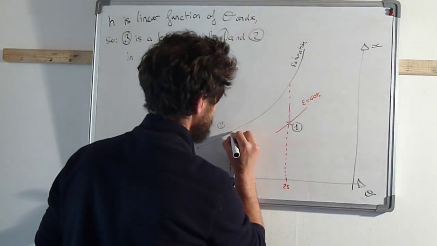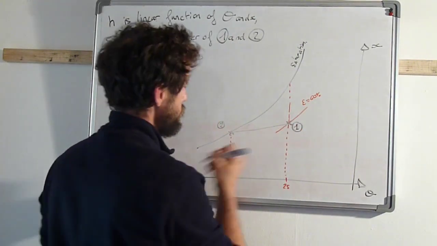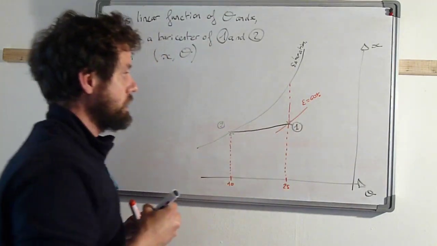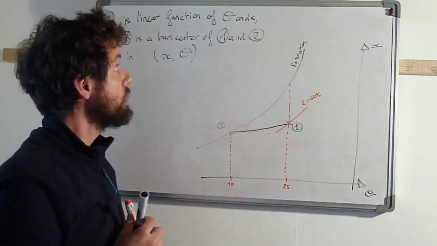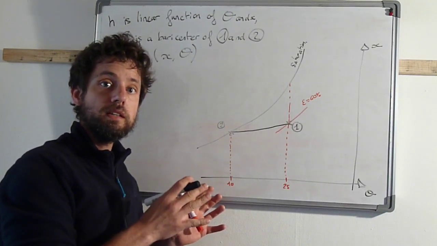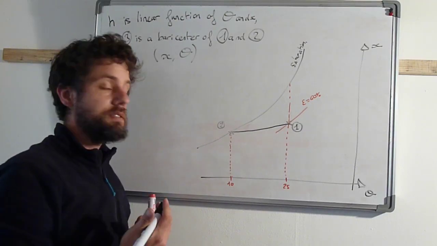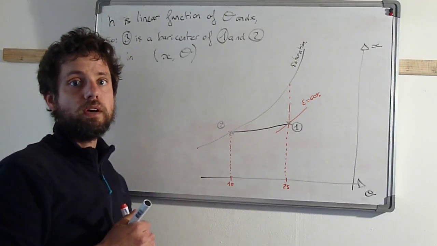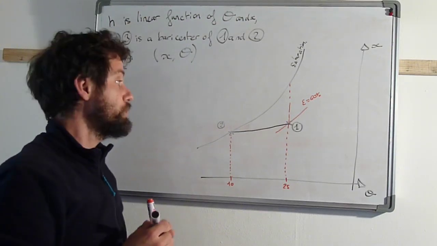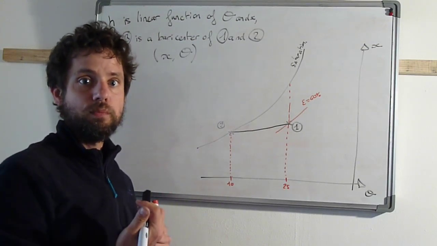So you can draw the segment between 1 and 2, and we know that the mass of system 1 is 1 kilogram of dry air, and the mass of system 2 is 2 kilograms of dry air. So this means that we have twice more of system 2 than of system 1.